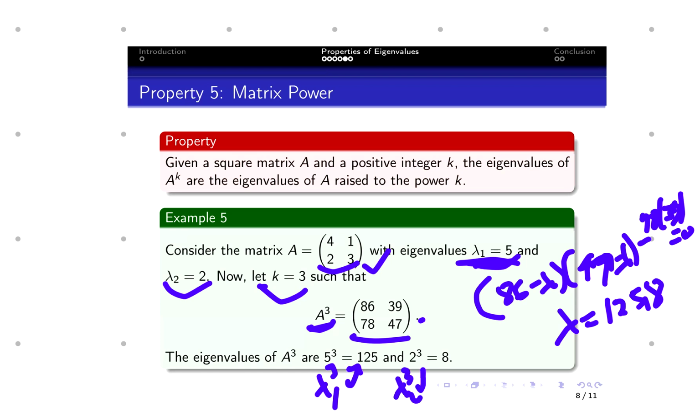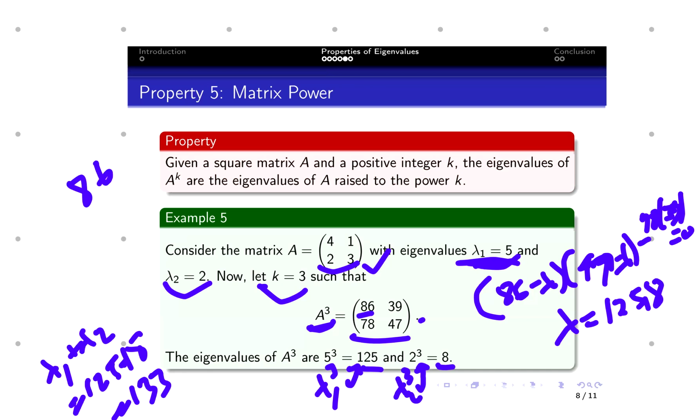And how do you know if you are correct? You already know that if you add your eigenvalues together, you should get the trace. So 125 plus 8, that's lambda 1 plus lambda 2, is 133. Now check: if you add 86 and 47, do you get the same thing? 86 and 47, that's 133.